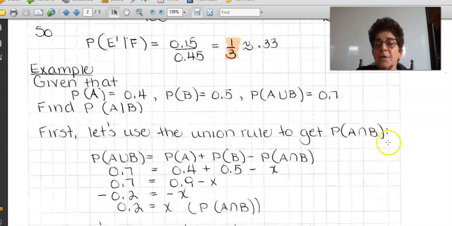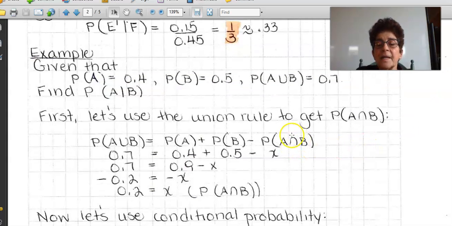So let's use the union rule to get the probability of A and B. That's this piece right here. So here's my probability of the union. Here's the probability of event A, and here's the probability of event B. I'm going to use X for the unknown probability of the A and B event. Adding up 0.4 and 0.5, I get 0.9.